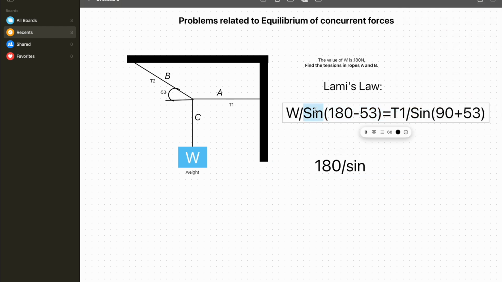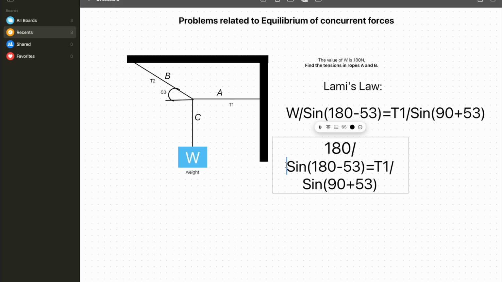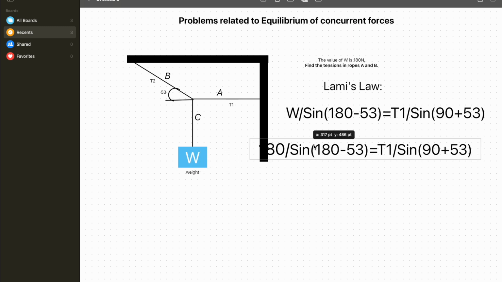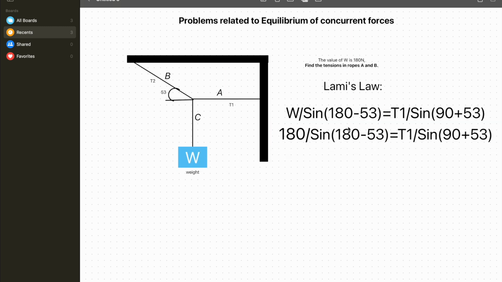Okay, so 180 by sine of 180 minus 53 equals T1 by sine of 90 plus 53. We don't know T1, so we can easily calculate T1 from here.